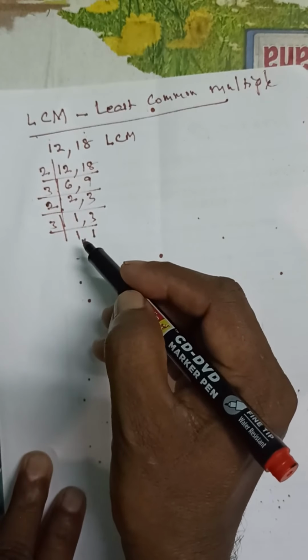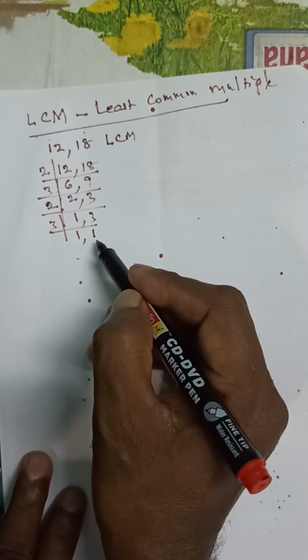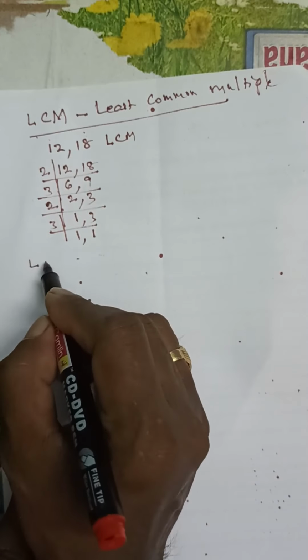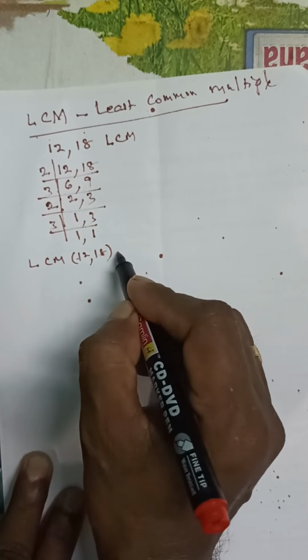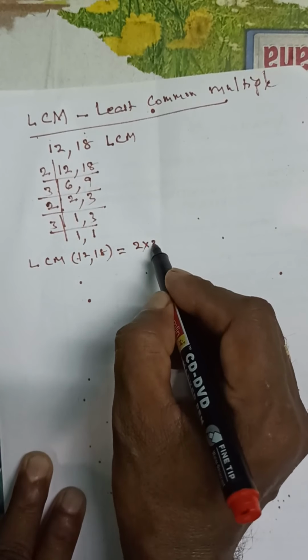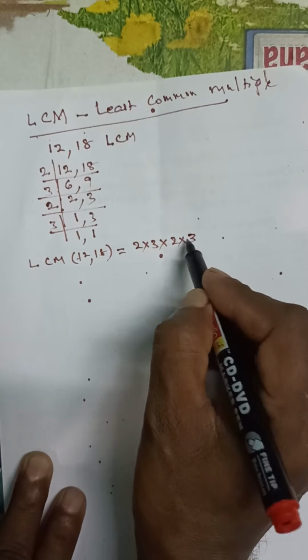After the last step, the ones are here and the process stops. So the LCM of 12 and 18 is equal to 2 into 3 into 2 into 3.